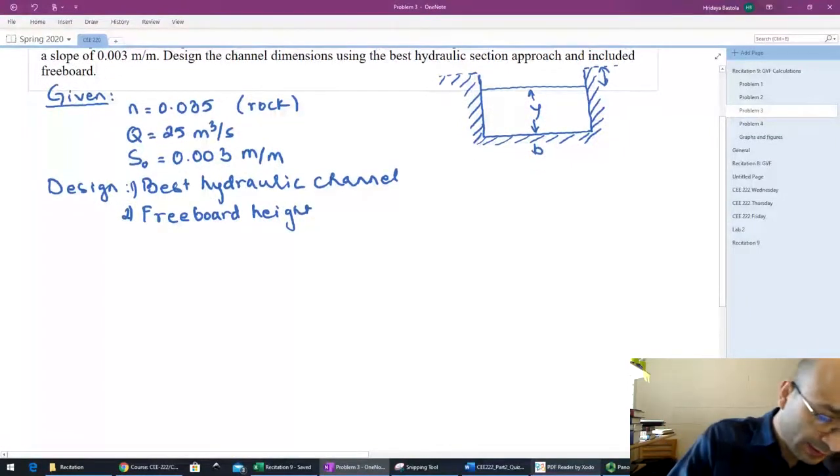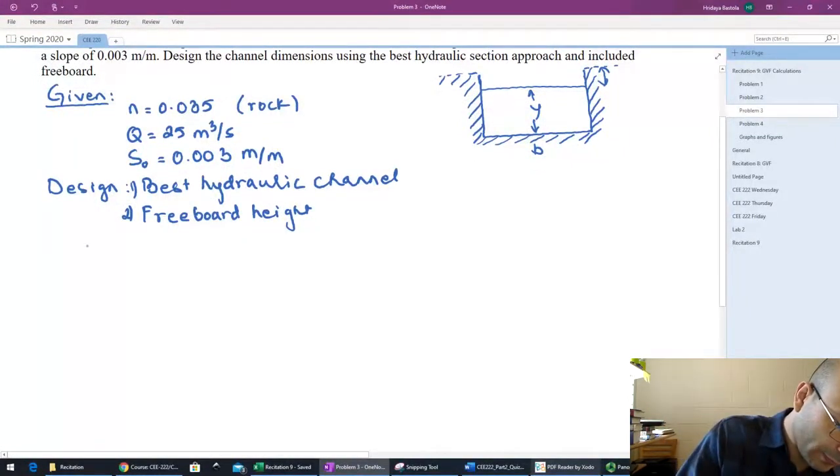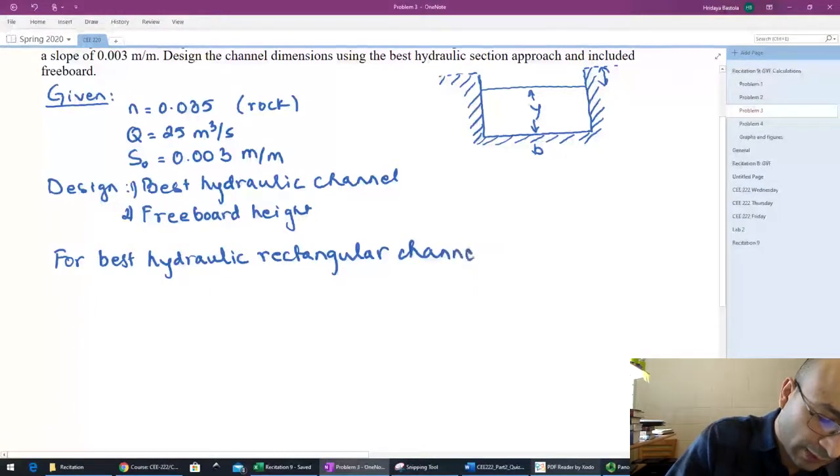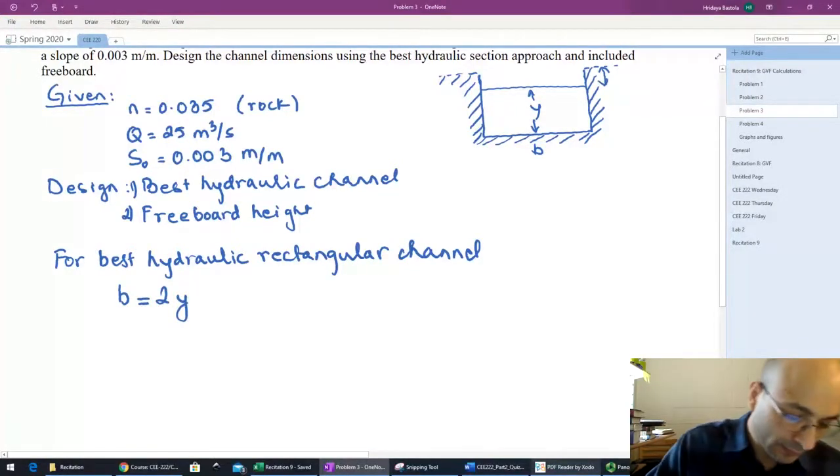We can directly start from the relationship for best hydraulic rectangular channel, where for best hydraulic rectangular channel, the channel width is twice the water height.